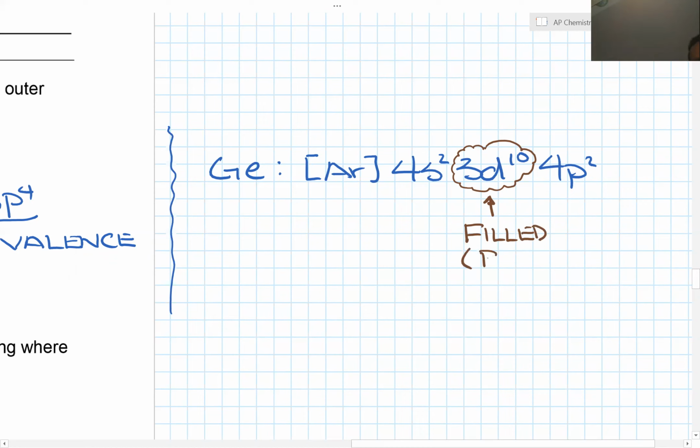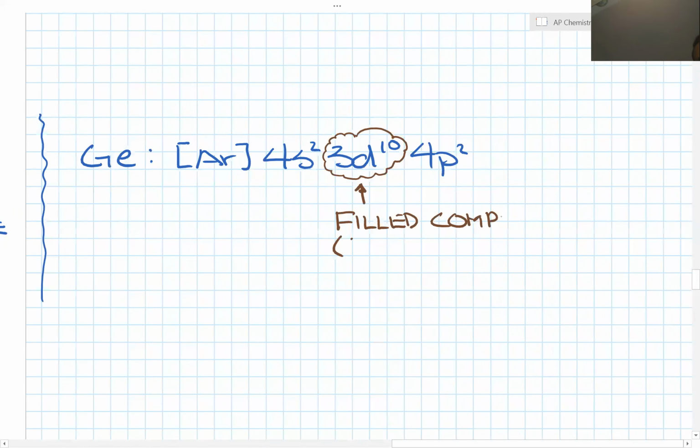The key word here is filled completely, so it is not valence.